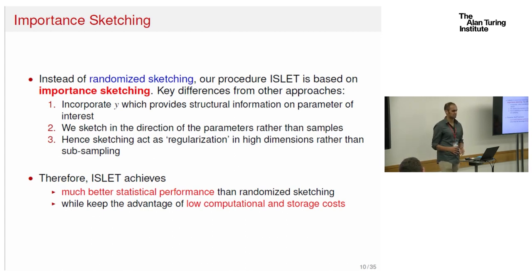Ideally, we want our sketching to act as a regularization rather than as a subsampling, and that's exactly what we're going to achieve here. So we're going to introduce an approach where we do importance sketching, so the sketching really behaves as a regularizer. Therefore, we hopefully get the computational advantages of sketching, both the storage and the computational cost advantages, and we get statistical performance that we show is optimal under these low rank assumptions.